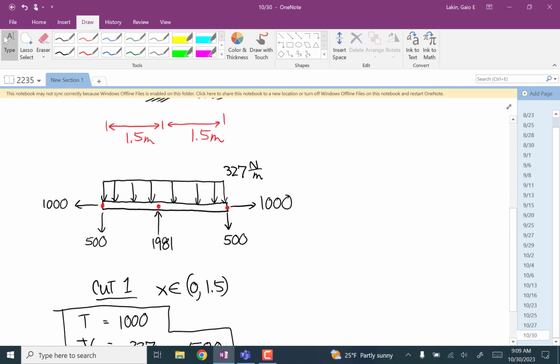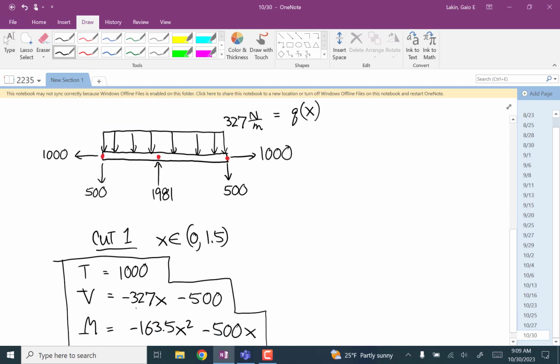Our q function is 327. It's positive, but that's because we're considering a positive q to be down. So that sort of flips the signs of this relationship. And so negative dV/dx is always going to be equal to the total distributed load function.